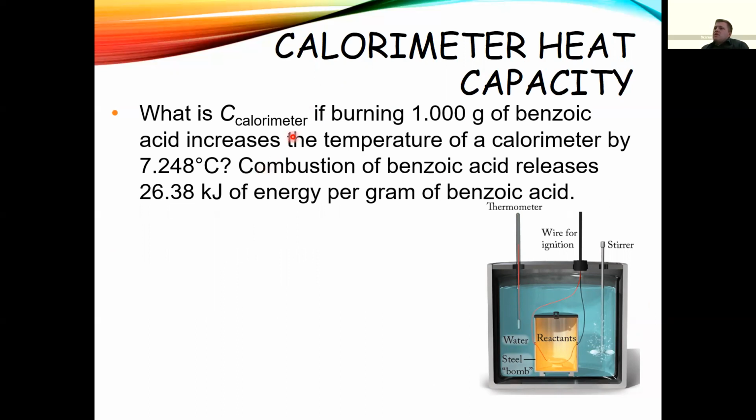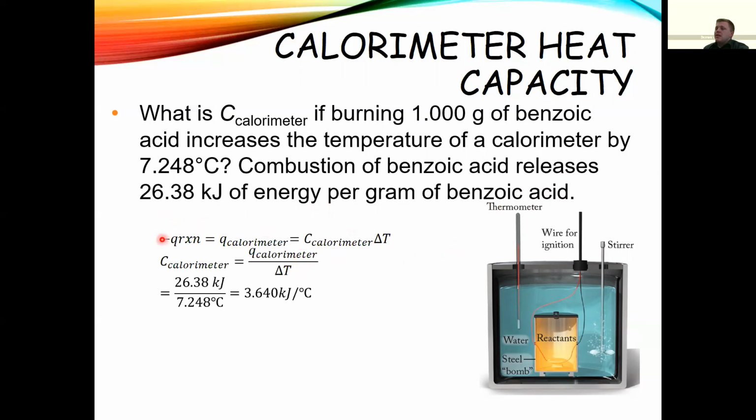So for example, if we want to find the heat capacity of this calorimeter, we'd burn a 1 gram sample of benzoic acid, and we'd measure the amount it changes the temperature of the calorimeter. So that changes the calorimeter's temperature by 7.248 degrees. And we know that combustion of benzoic acid releases 26.38 kilojoules of energy per gram of benzoic acid.